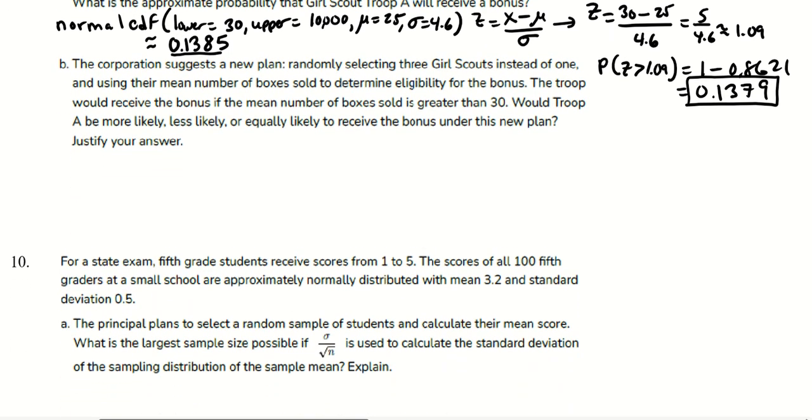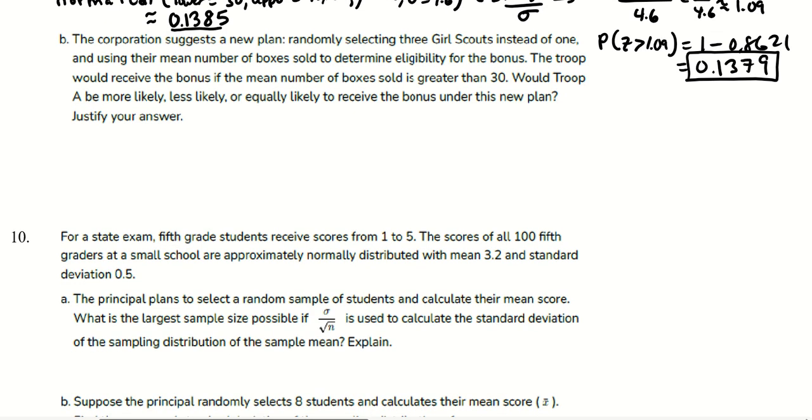All right, part B. It says the corporation suggests a new plan: randomly selected 3 Girl Scouts instead of 1. So 3 Girl Scouts means n is 3, the sample size is 3. So we just put n equal to 3. And using their mean number of boxes sold, the troop will receive the bonus if the mean number of boxes sold is greater than 30.